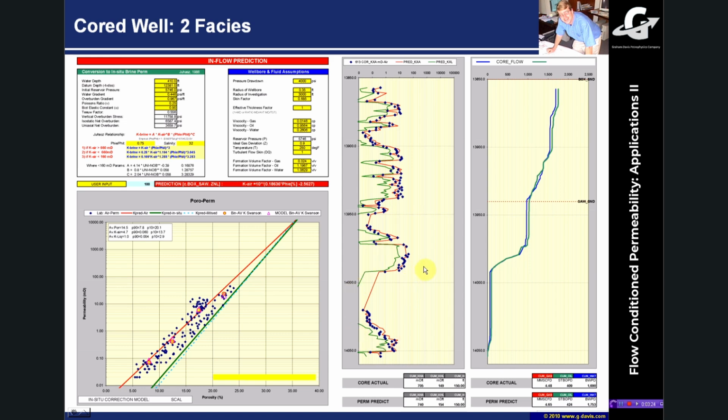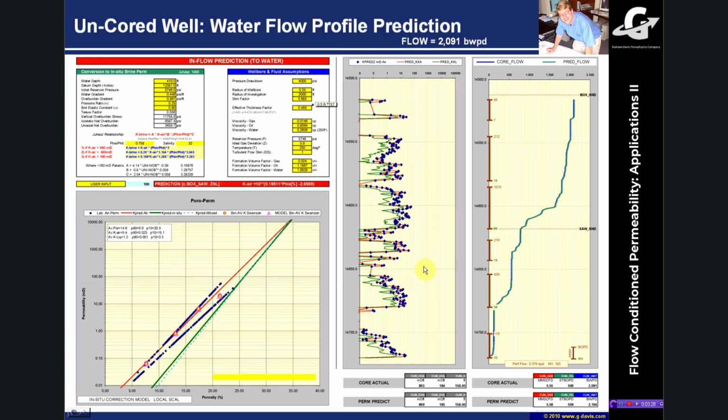We come up with two pore-perm trends for them, and we use those in an uncored well. So we're predicting permeability directly from porosity, hence the straight lines. Similar type of geology as the cored well, and under reservoir conditions, the water flow rate in this particular case over these perforated intervals is predicted to be around about 2,000 barrels of water per day.